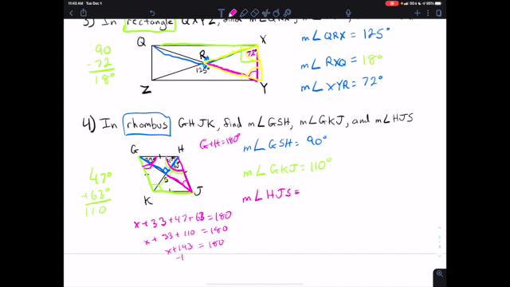Then I'm going to subtract 143 from both sides, and I'm left with x equals... oh yeah, that's right, sorry. So 37 degrees.